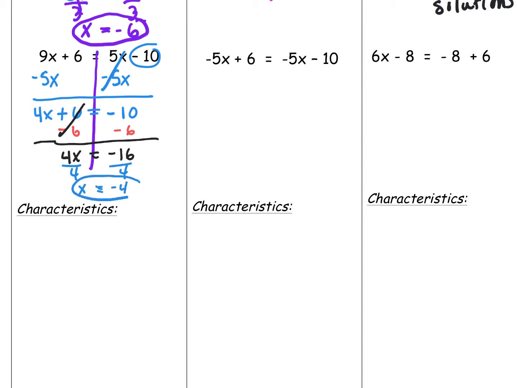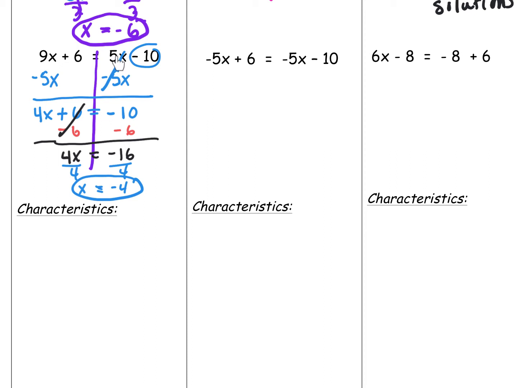-4 is the only solution that will make this true. So for instance, to prove it, if I took -4 and substituted it in the original equation for x, 9 times -4 is -36, and if I add 6 to that, I'm going to get back -30, if I use -4, which is the solution.